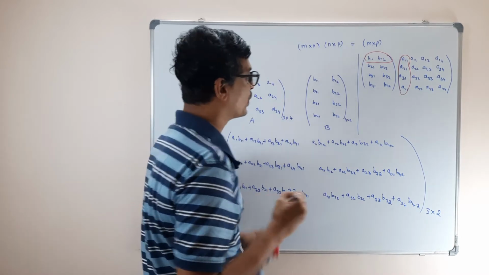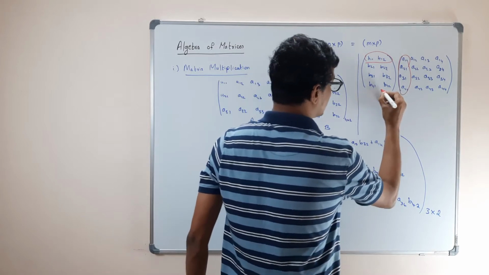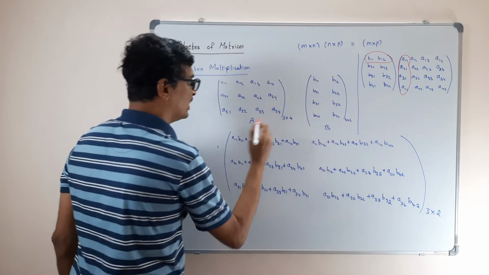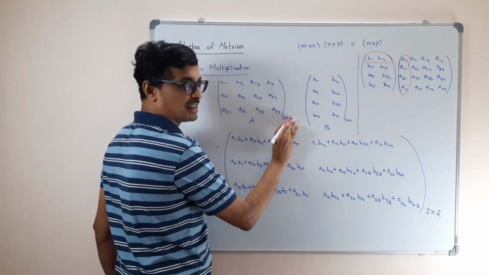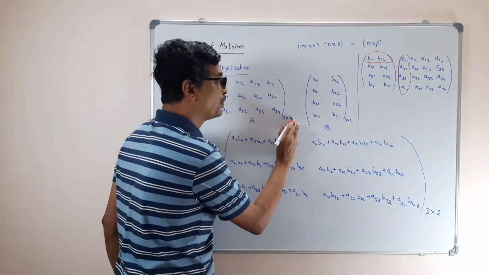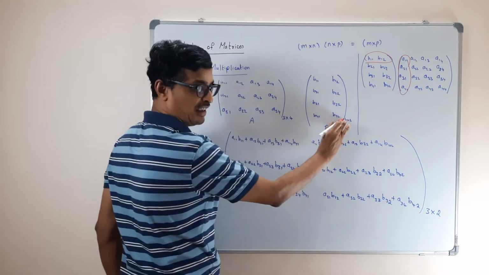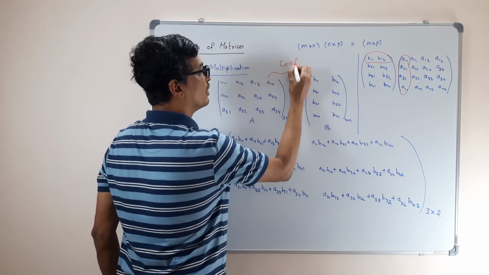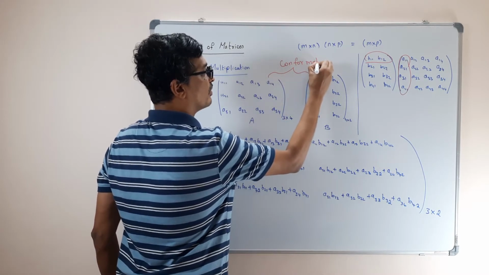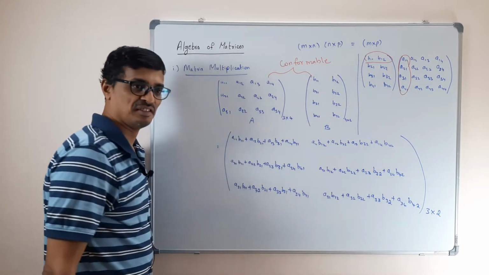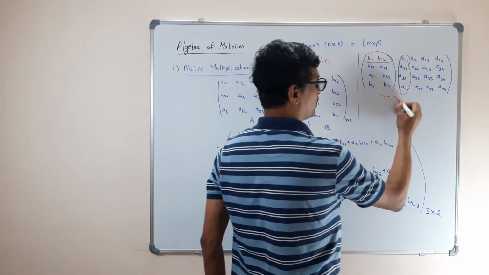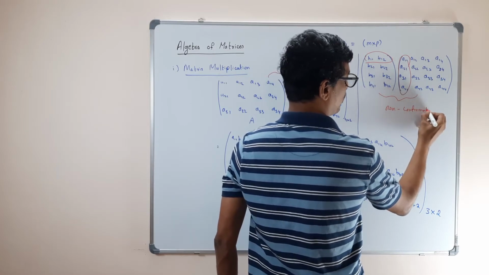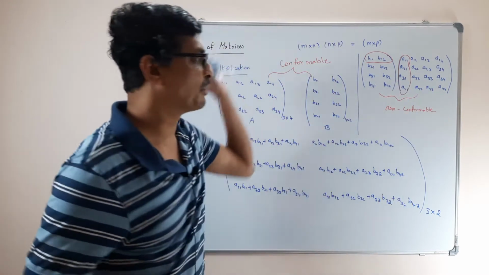This is what they call conformable. When the columns of matrix A equal the rows of matrix P, you call these two matrices conformable. Okay, this is non-conformable, so you can't multiply this matrix.